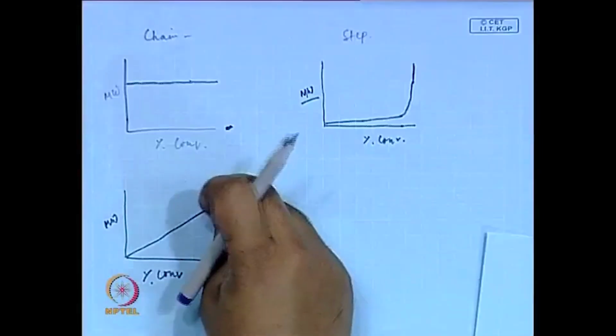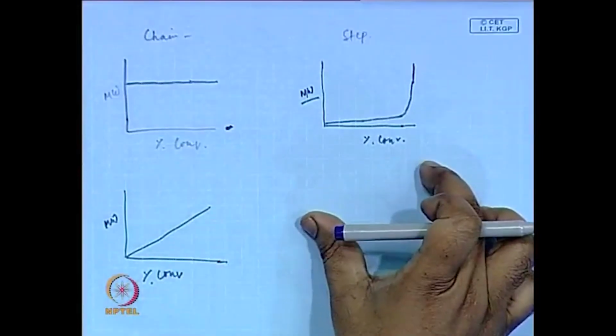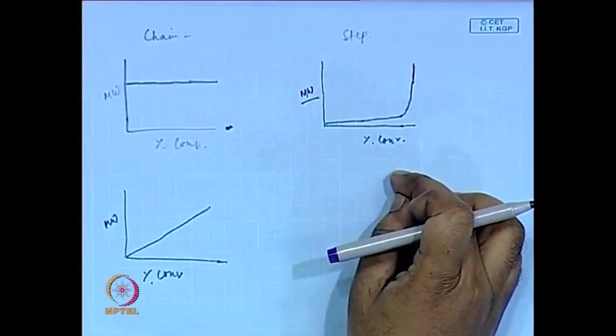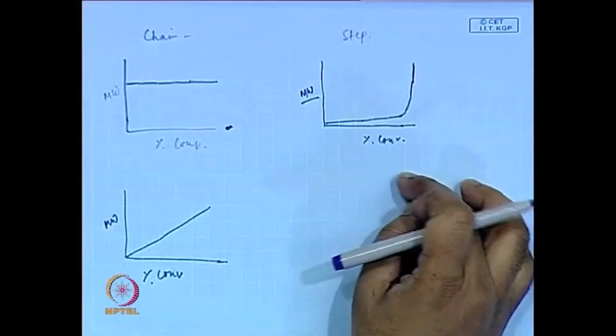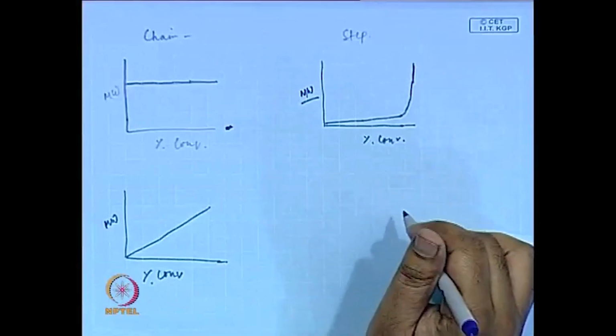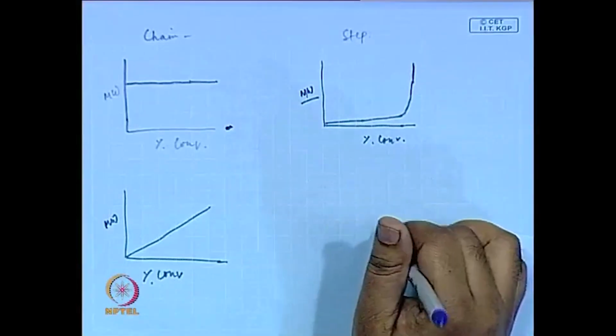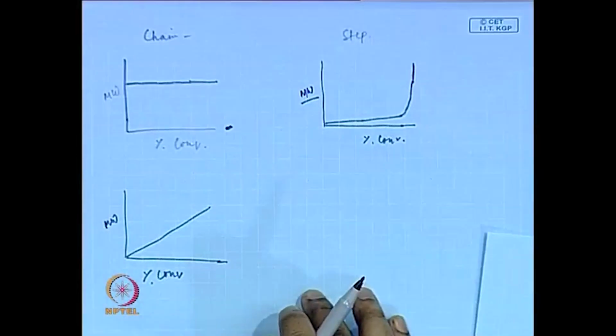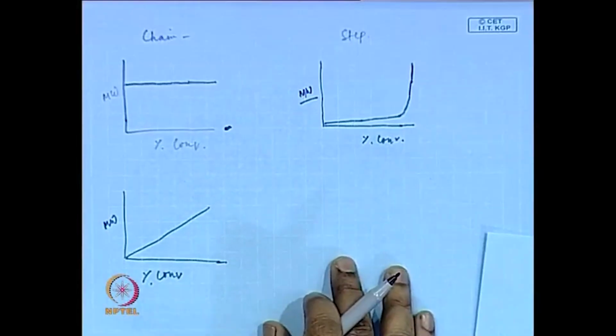As more and more monomers get added to the reactive chain ends, the polymer chain increases linearly. And for this to happen, the reactions responsible for chain termination, by terminating the reactive end groups, have to be absent, so that the polymer chain can increase linearly.